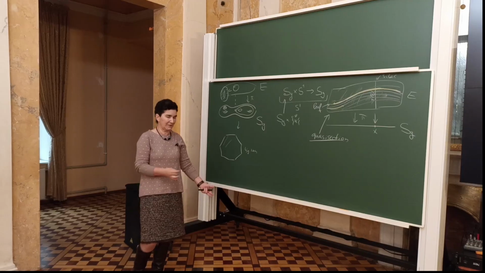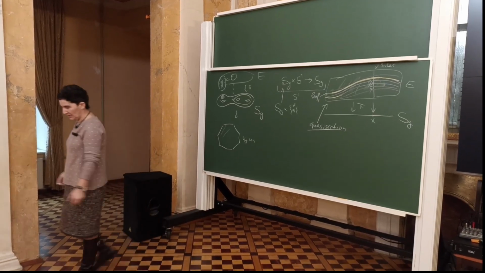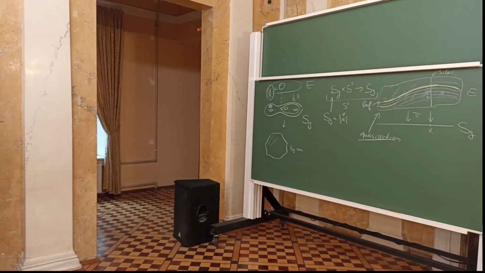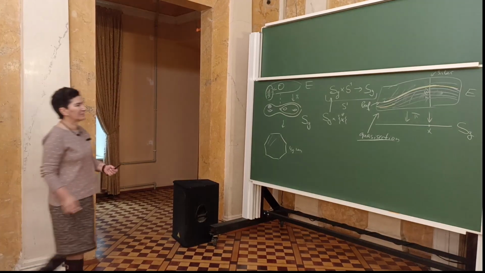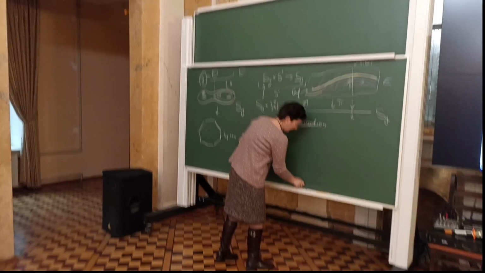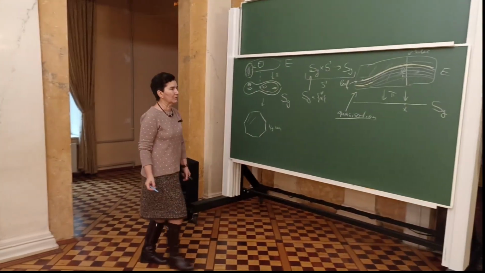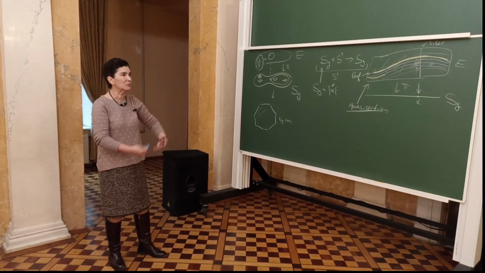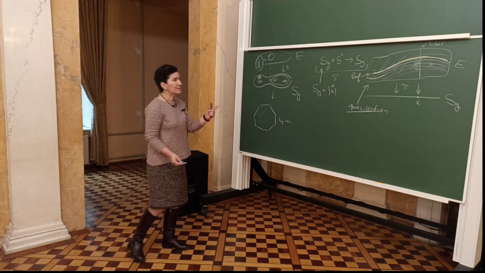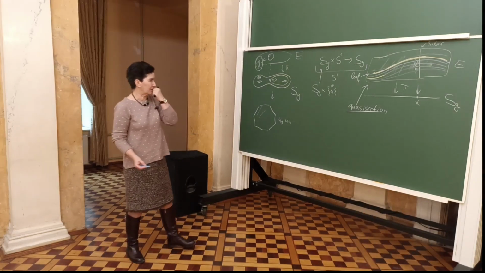Actually, the story was the other way around. First we, with Timur and Maxim, developed this theory, which I will sketch very quickly now. And then, since we already had the local formula for the Euler class, we just had to apply it, and that's it. So what is a quasi-section?